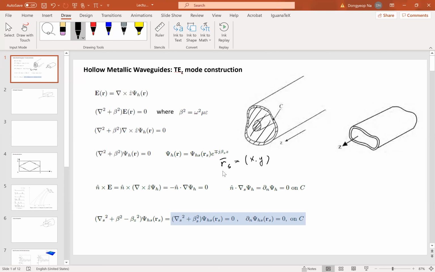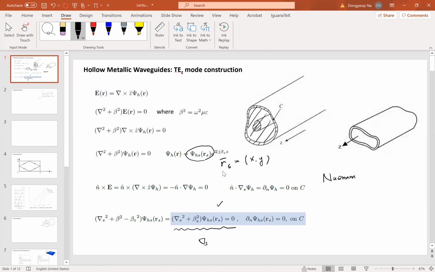Also, due to the boundary condition of the electric field that we studied, this transverse part of the scalar field should satisfy the so-called Neumann boundary condition, which is that the normal derivative should be 0. So we need to solve this equation.